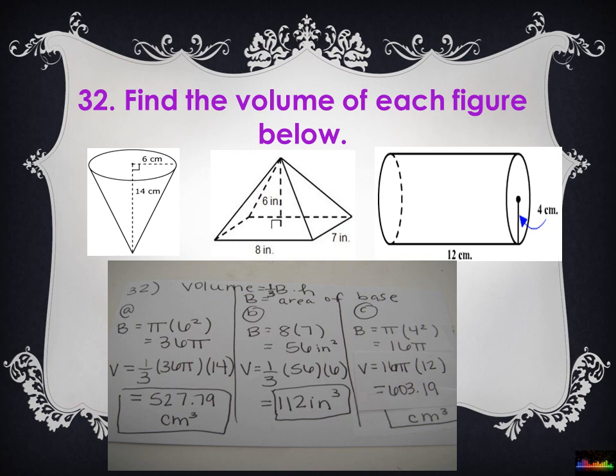So we will then multiply 16 pi by our height, which is 12. If you were to turn the cylinder and stand it up, the height would be 12. When you get your answer, you can always change it to a decimal by pressing the button above enter, and you should get 603.19 centimeters cubed.